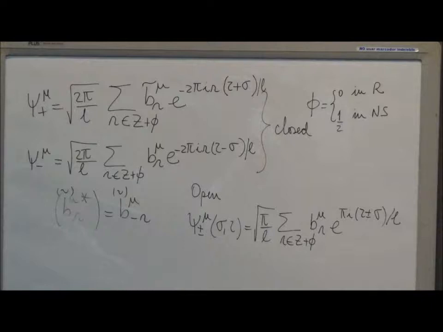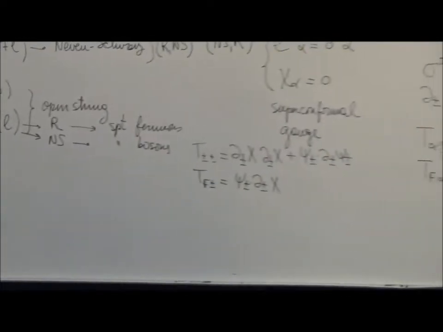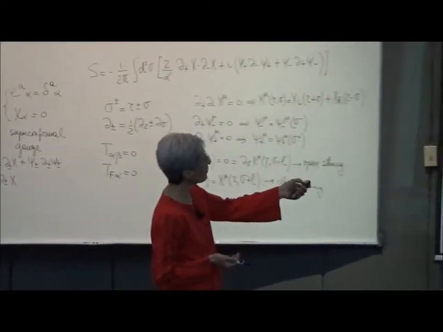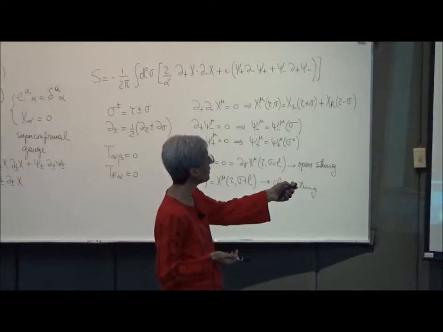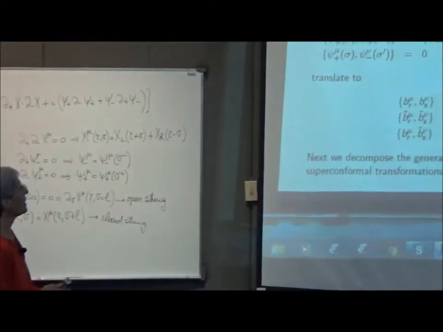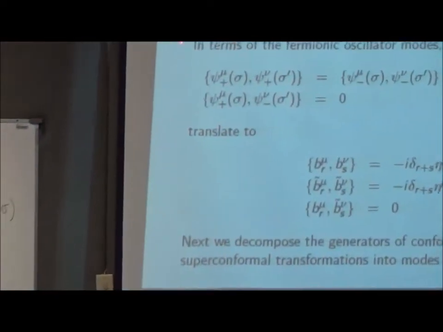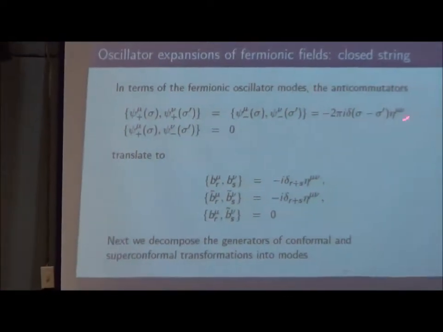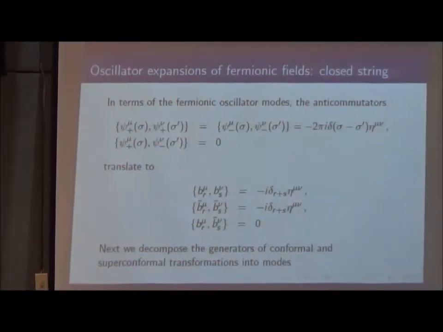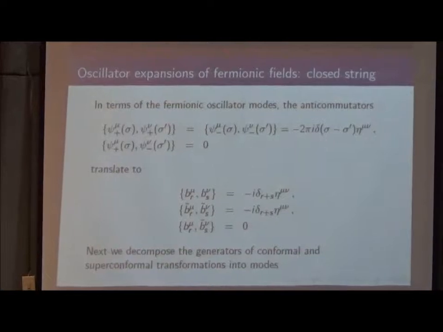And again, we can work out the Poisson brackets, which now will be anti-commuting fields. Here, the equivalent of the Poisson anti-commutators between psi plus and psi minus will be proportional to 2 pi i delta of sigma minus sigma prime.